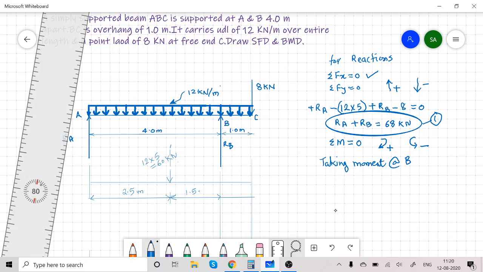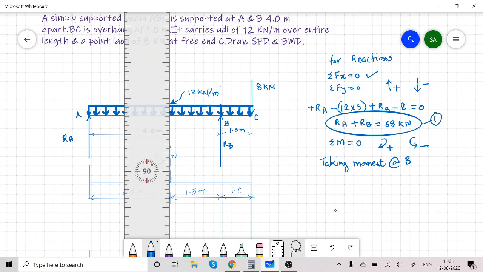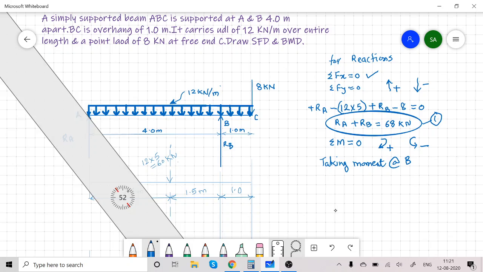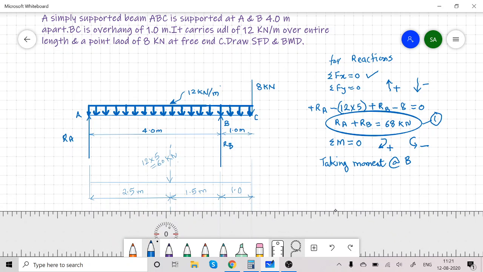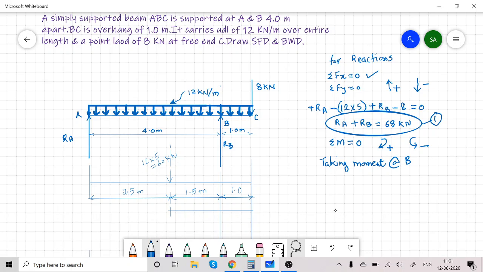I will repeat, the center of 5 meter, that is from A 2.5 meter, from C it is 2.5 meter, and from B it is 1.5 meter. So we will consider this distance for calculation purpose.